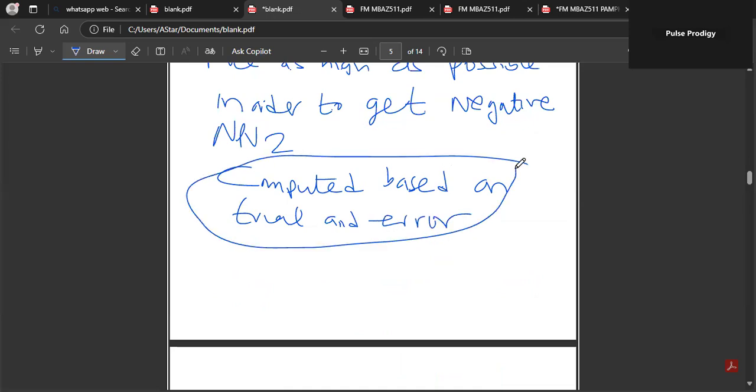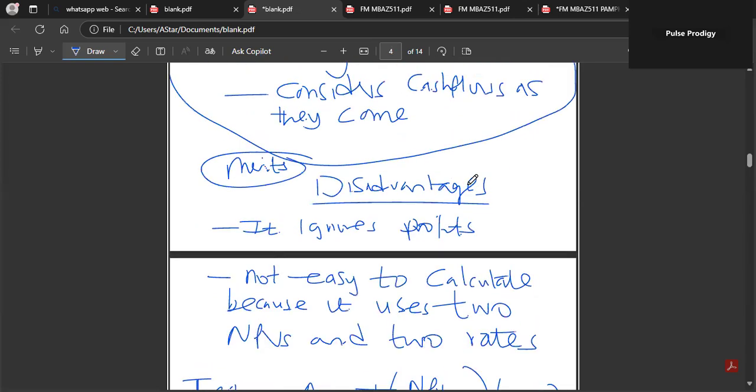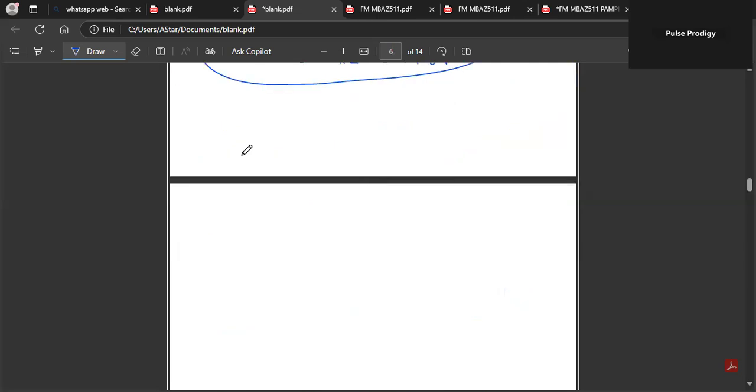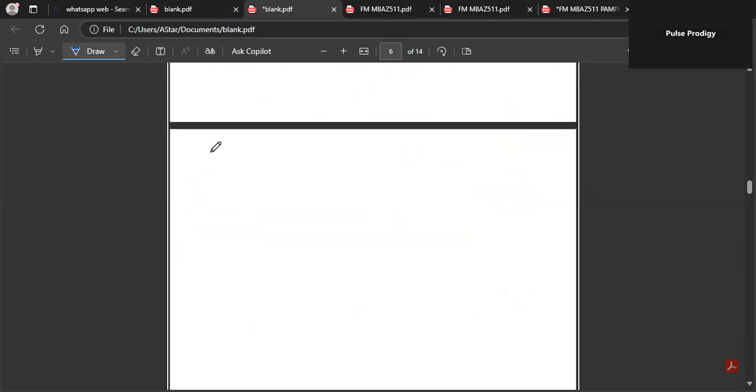So this is just about what we have. In this class, we need to concentrate on these three project evaluation methods. But of course, I can also explain the PI, profitability index, what this index is all about.